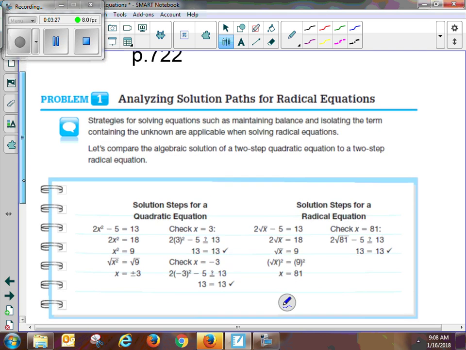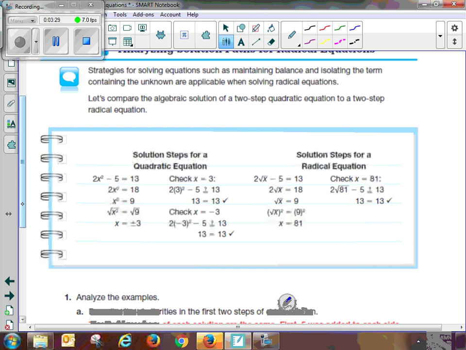This is in your textbook, page 722, and it's an example of solving for an x when you start off with a square and solving for x when you start off with a square root. I wanted you to see that the first 2 steps, you're doing the same kind of thing. So step 1, you would add 5 to both sides. Step 2, do you notice that they divided by the 2?